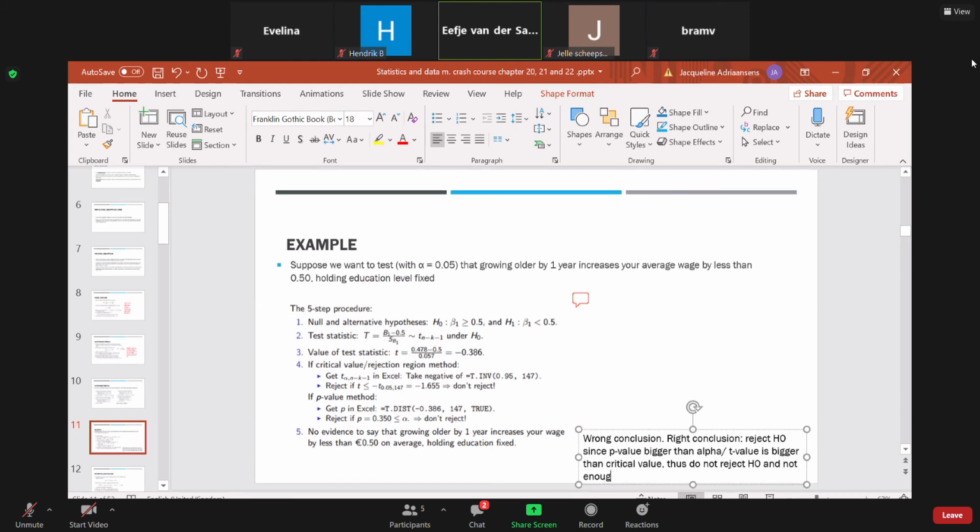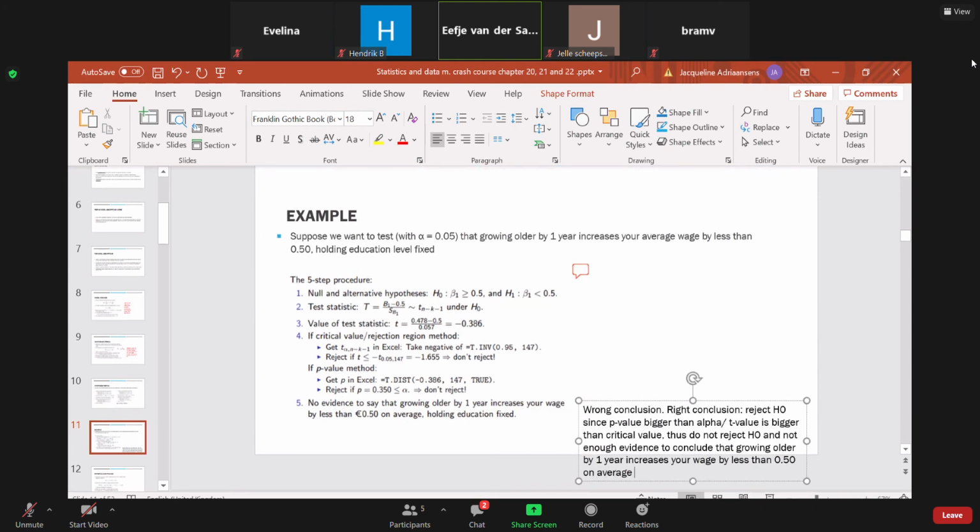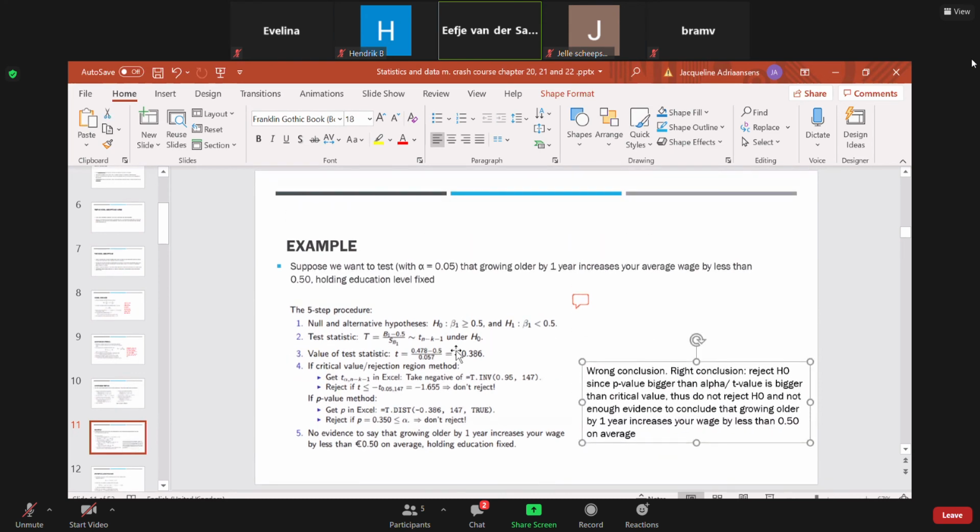Not enough evidence to conclude that growing older by 1 year increases the wage bias by more than 0.50 on average. Always include the average because it's an estimation. Okay.